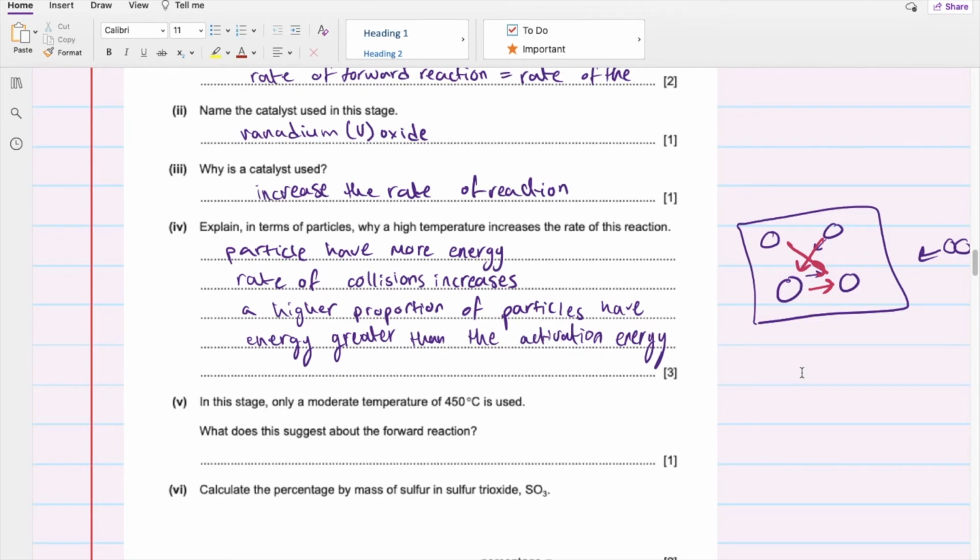So always pay attention to these key terms. Moderate, it's not a lot. They're not adding too much. So what does this suggest about the forward reaction? We can assume that it's exothermic. See, if it was a really large amount of temperature, then we can assume that it's endothermic and it needs that energy. But here we're told that they're using a catalyst. So we can already speed it up anyways. It's being sped up by the catalyst.